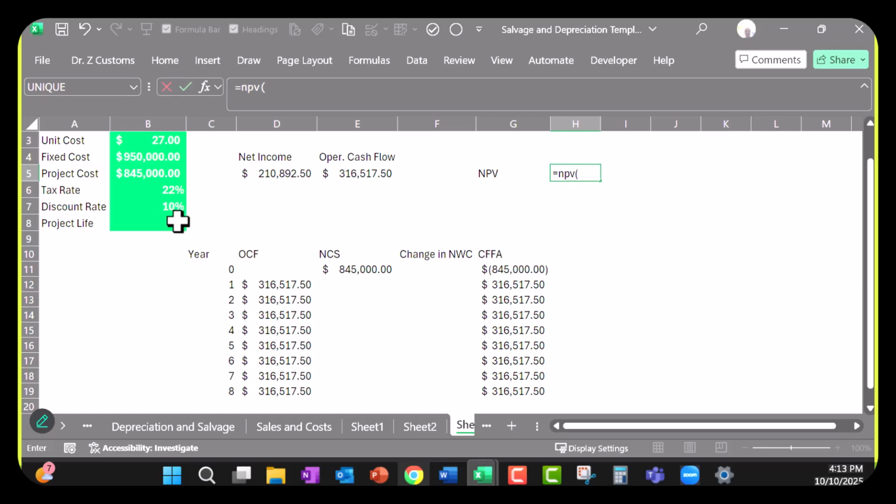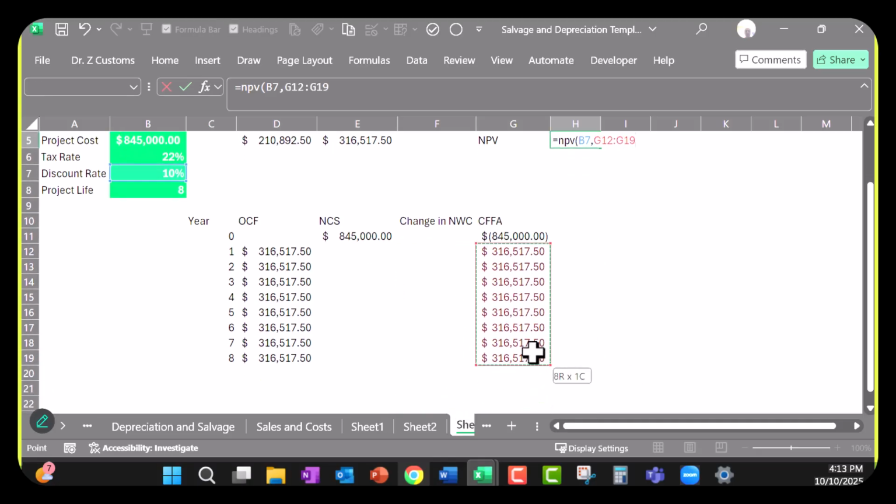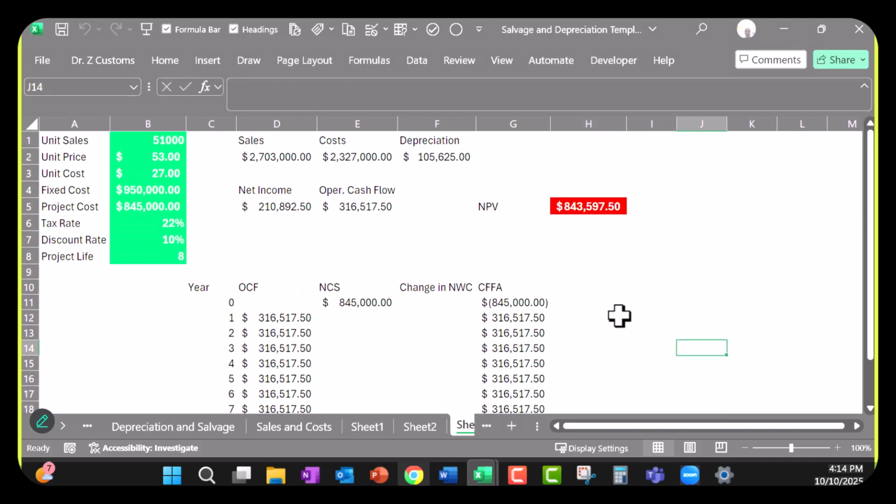NPV function, the first argument is the discount rate. The second argument are the future cash flows. But I have to add back the period 0 cash flow. That's our base cash flow.